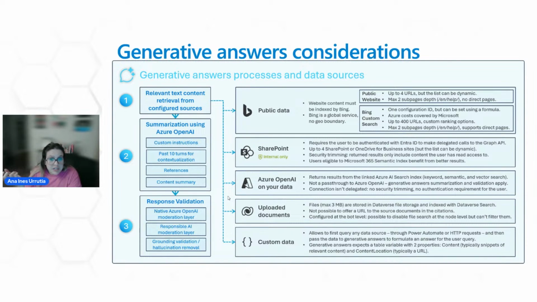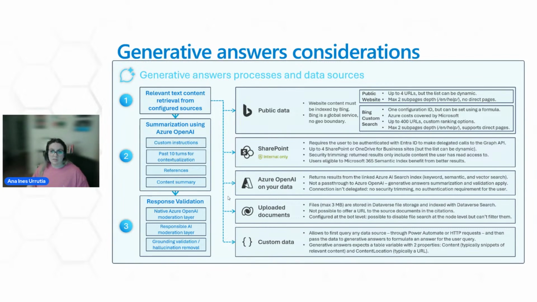There are some considerations that we have to take into account, and it's that when we retrieve public data from a public website, we cannot retrieve more than 4 URLs. But as you see on the screen, we can change those URLs, so it's not fixed. When I decide to have these 4 URLs, I don't have to stick with them forever.